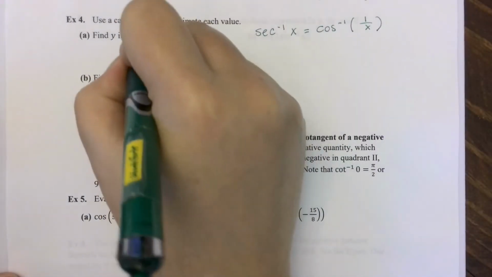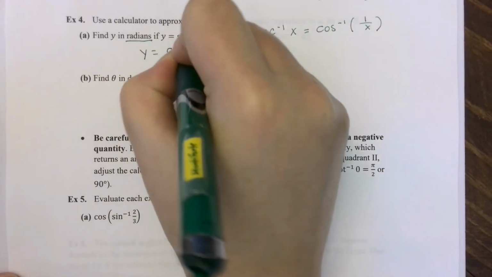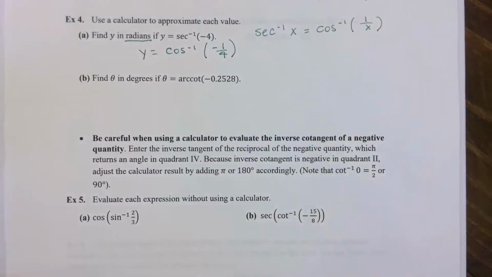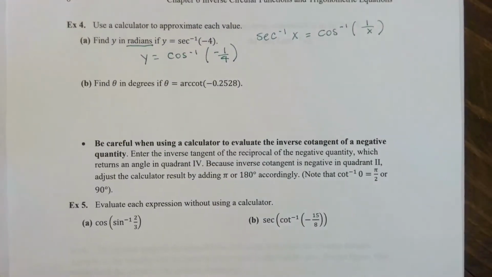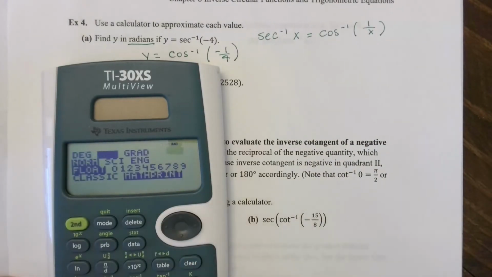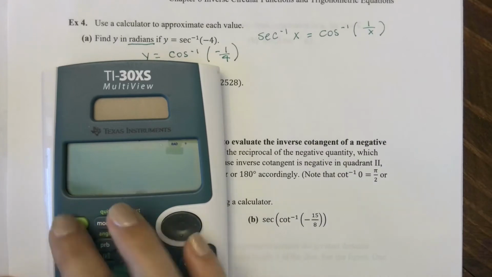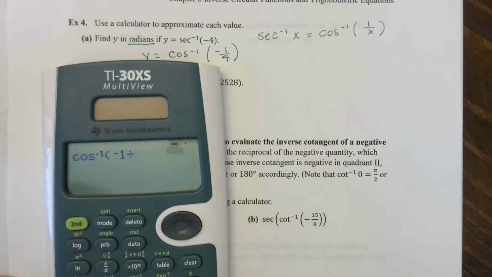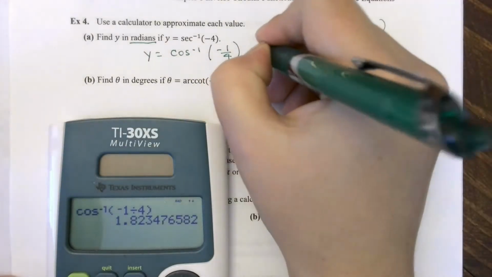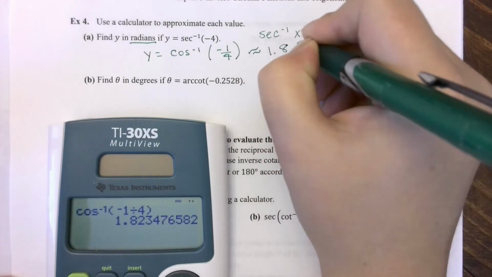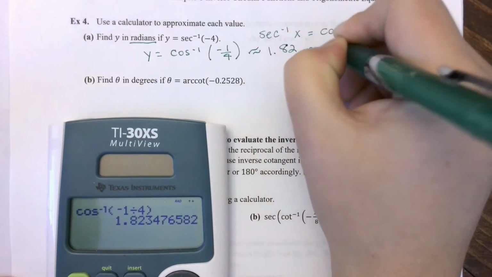So we can say y is equal to cosine inverse of negative 1 over 4. Remember, this is asking for radians, so you have to change your mode to radians. Then cosine inverse of negative 1 divided by 4 is approximately 1.82 radians.